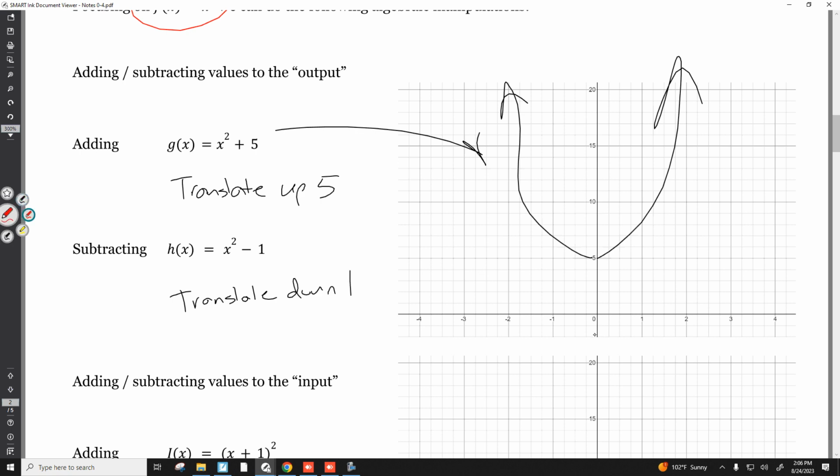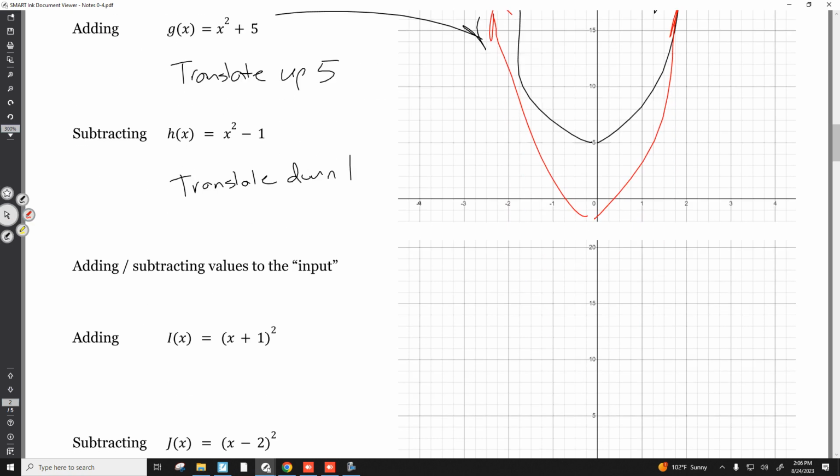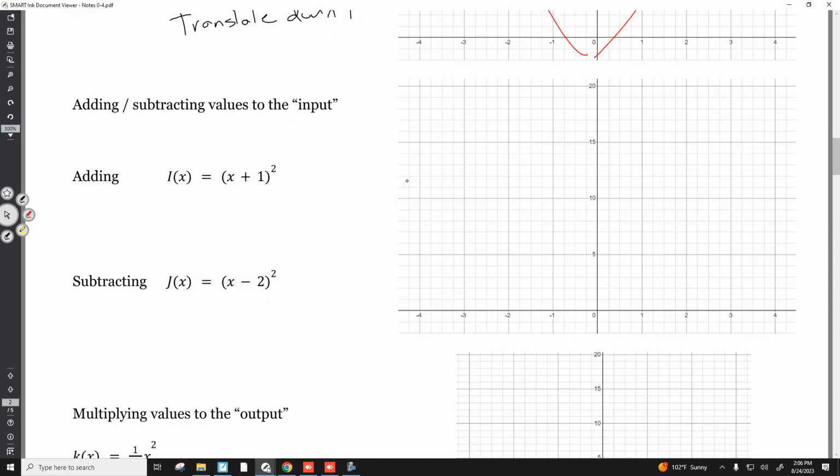Don't think that it's wider or narrower. It's not wider, it's the same width. I'm just going down one. We understand, because of order of operations, because we want to negate the squaring, that adding 1 to x actually shifts this left or translates this left.